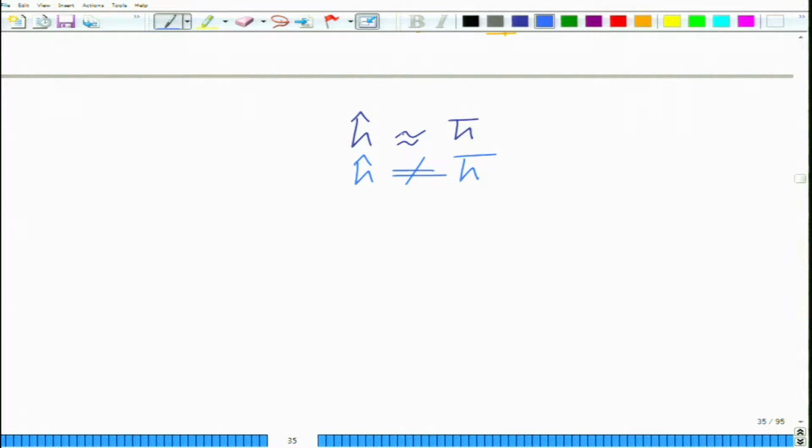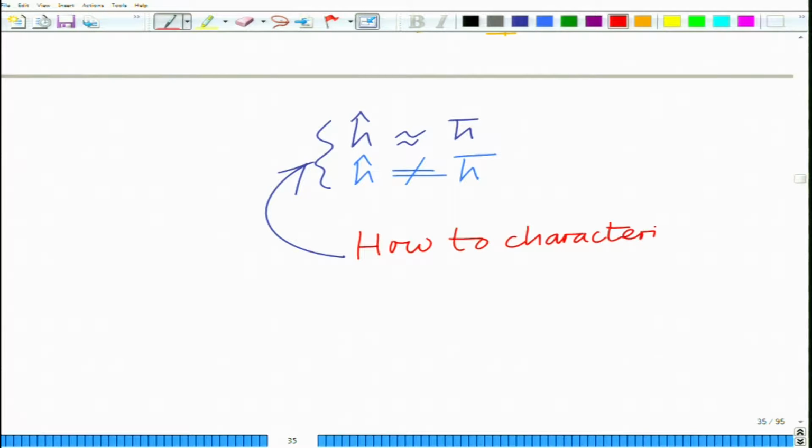So, h hat is close to h bar, but h hat is not equal to h bar. How do we characterize this uncertainty? The important question now is how to characterize this uncertainty.